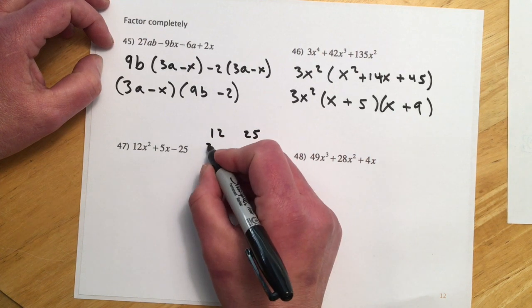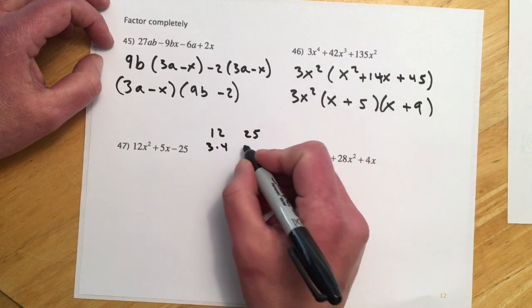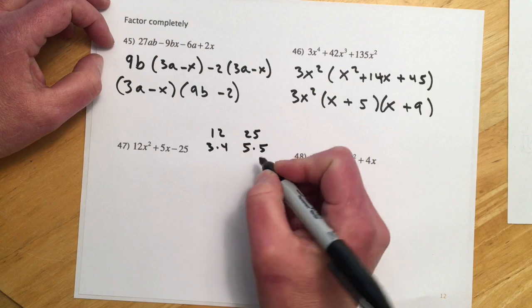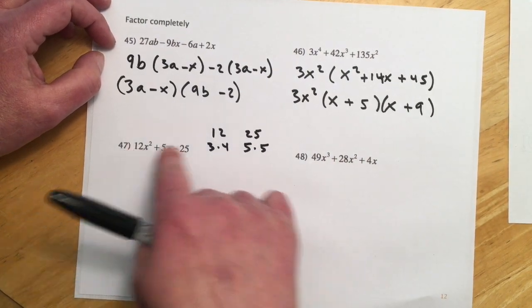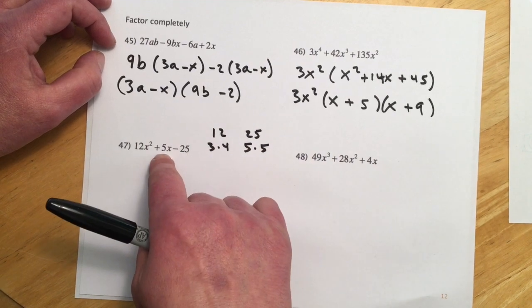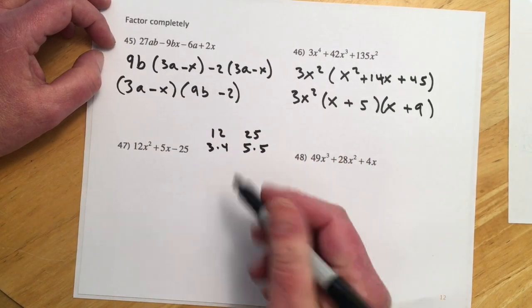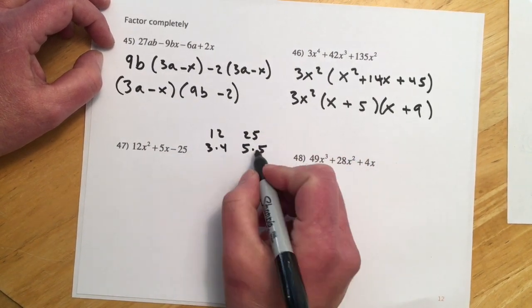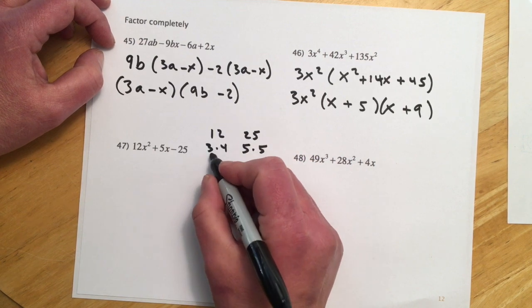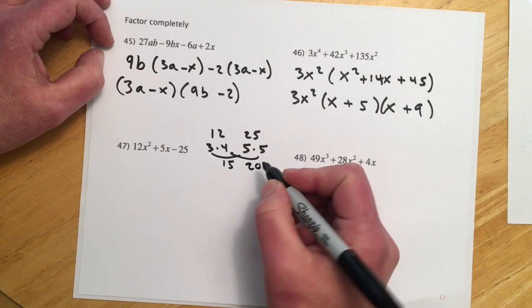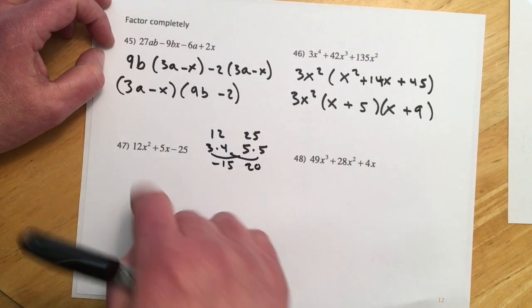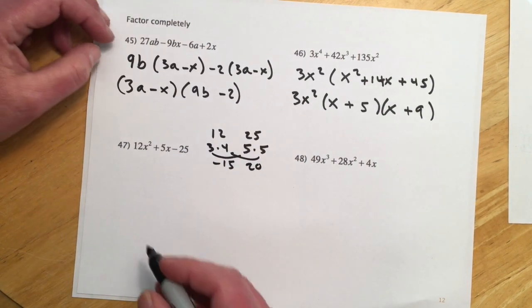And then I'm going to think of this 12 as 3 times 4, see if that gets me anywhere, and then 5 times 5. So I need the 2 numbers that multiply to whatever this is and are 5 apart. And just for how I have it factored, I can see right there I got 15, and right there I have 20. So if I make the 15 negative, that'll get me to that positive 5.